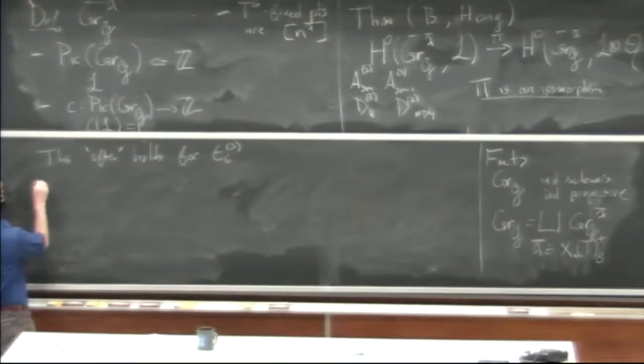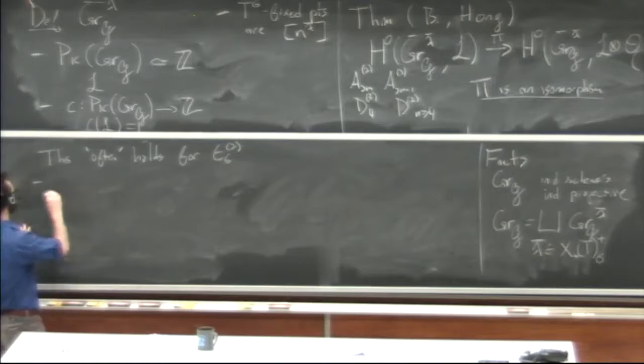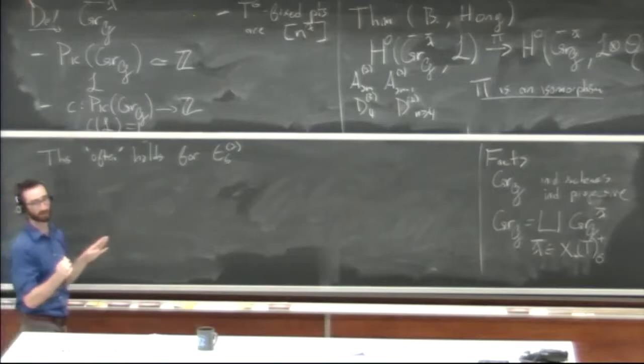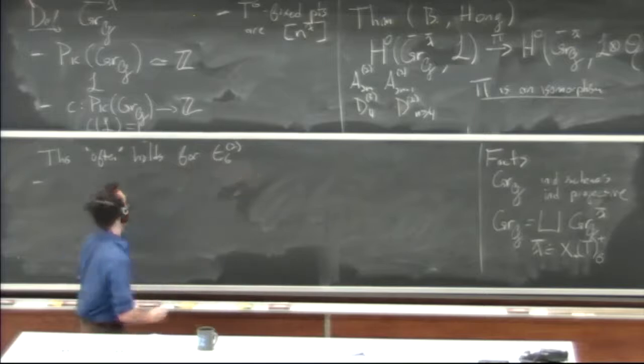Another thing, and I didn't really mention this when I was talking about the earlier work, but this gives us information about the smooth locus of these twisted affine Schubert varieties.